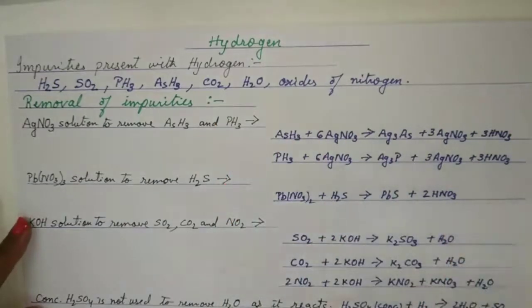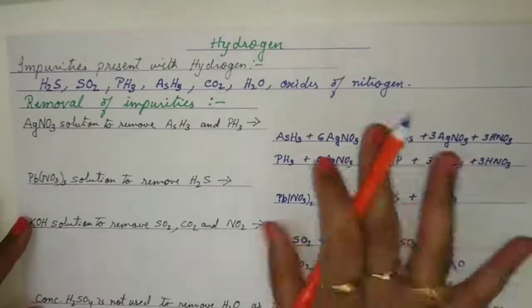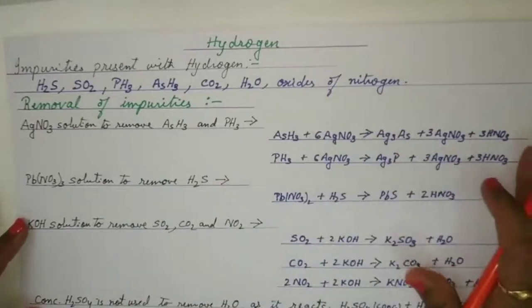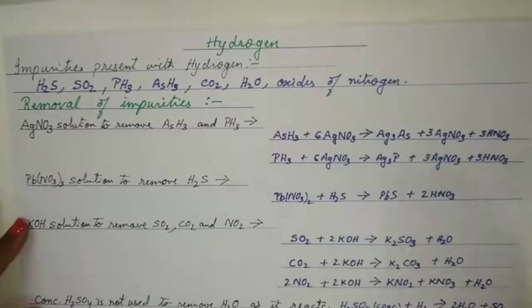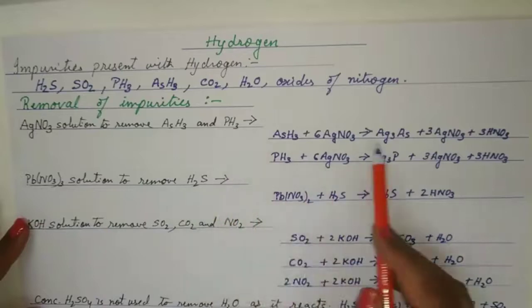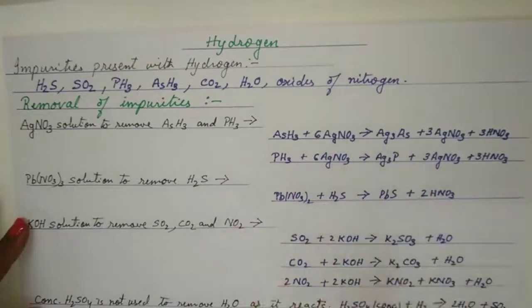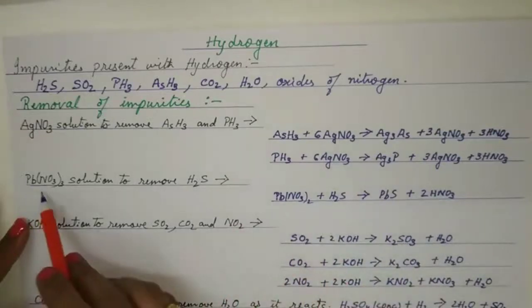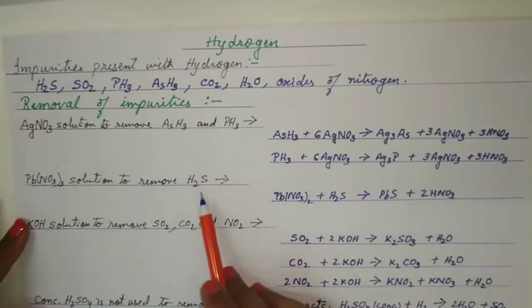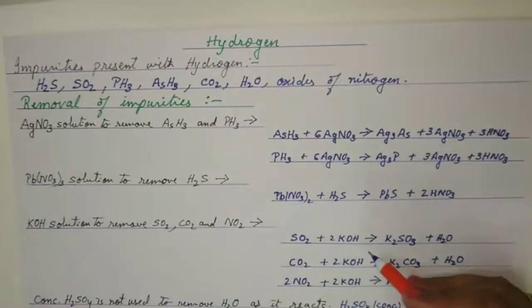But yes, there are simple, easy laboratory steps by which these impurities can be removed. Silver nitrate will quickly remove arsine and phosphine, and these are the reactions showing how they are absorbed and removed without reacting with hydrogen. We use lead nitrate to remove hydrogen sulfide, which is absorbed in the form of a precipitate, filtered, and hydrogen can be taken out.